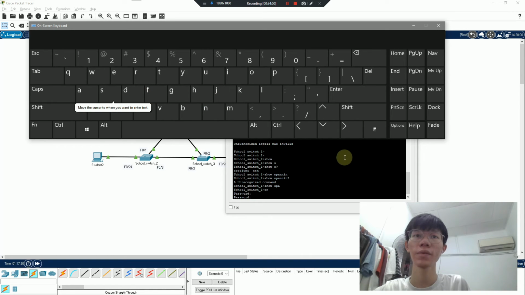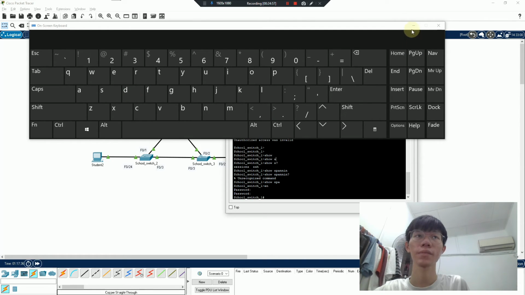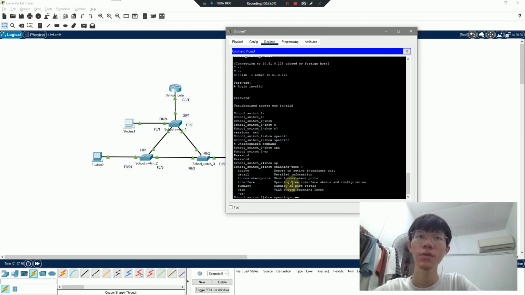Okay, so next we're using the command show spanning-tree.